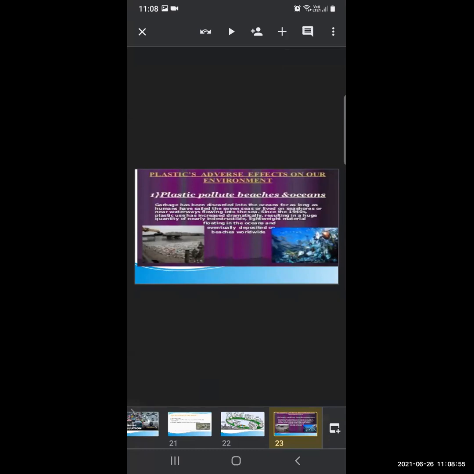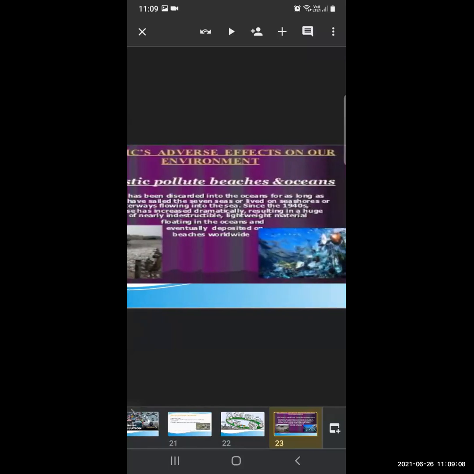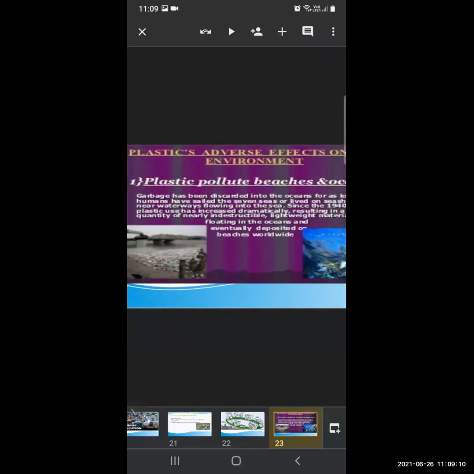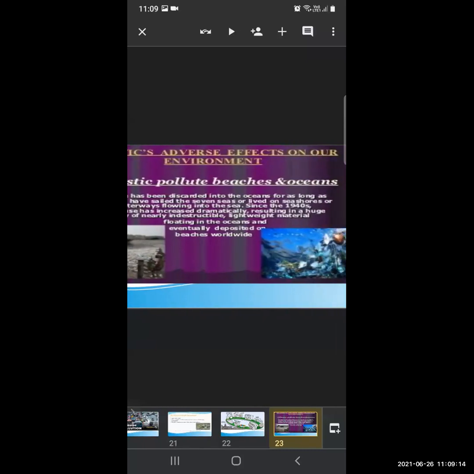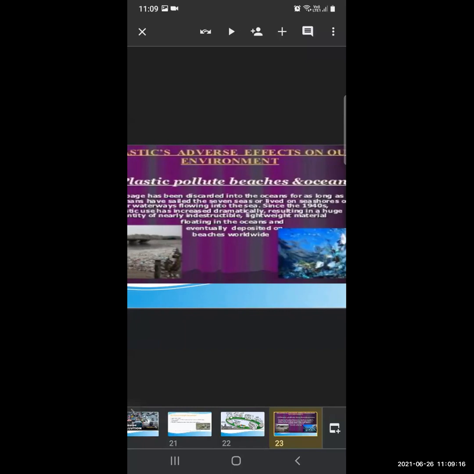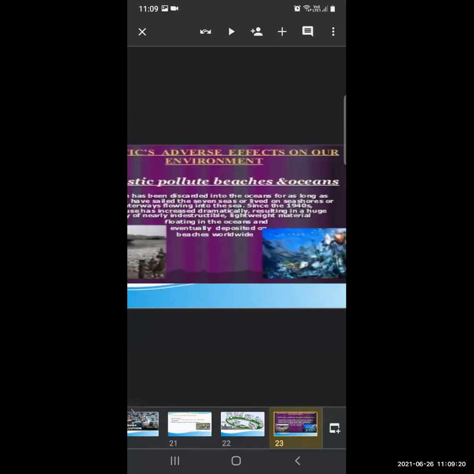Plastics' adverse effects on our environment. Plastic pollutes beaches and oceans. You can see garbage has been discarded into the ocean for as long as humans have sailed the seven seas or lived on seashores or near waterways flowing into the sea.